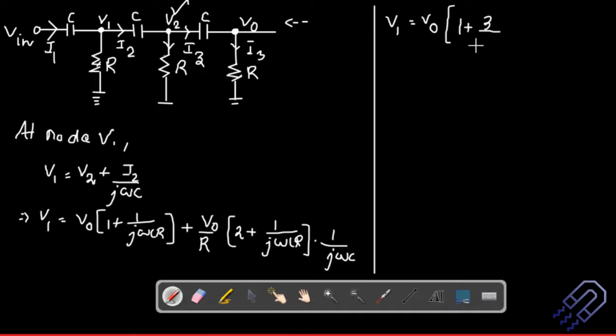I hope I have done it correctly, but if I do so many steps, it's very difficult to explain everything. If you simplify it, you'll get this relation: minus 1 divided by, there is a j and a j, and j square will be minus 1, so omega square j square R square. That's your V1. So there are 3 terms here, and this is equation 4.